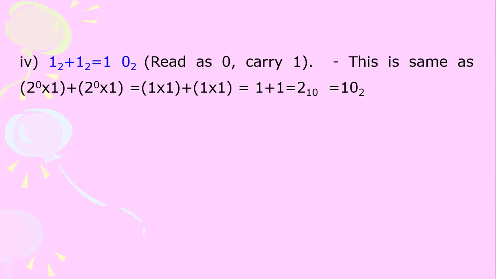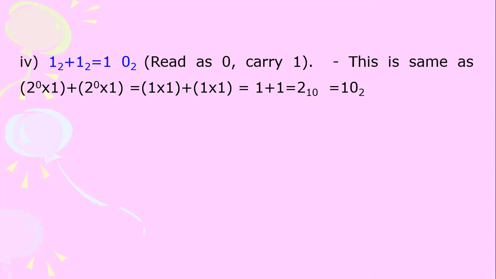If you were to add 1 plus 1 in the decimal number system, that would give 2. But now, because we are dealing with binary, you have to convert that decimal number to its binary equivalent.